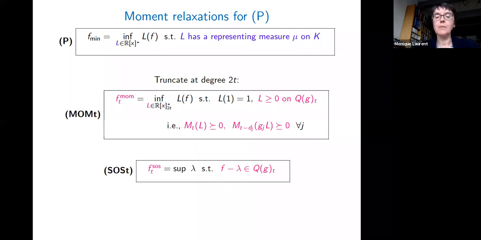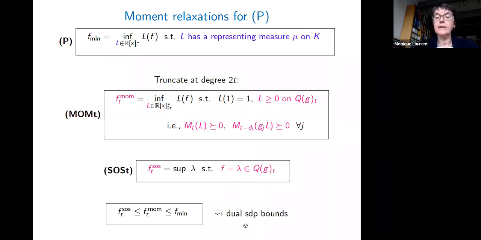So this was the moment bound. You see in the moment bound, it's L non-negative on the quadratic module. In the SOS bound, it's f minus lambda lies in the quadratic module. So there is this duality, which corresponds precisely to the fact that the moment bound of order t and the SOS bound of order t can each be defined by a semi-definite program, and these two semi-definite programs are actually the dual semi-definite programs of each other.